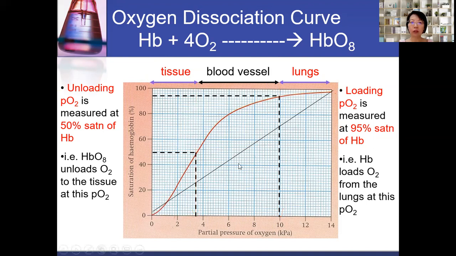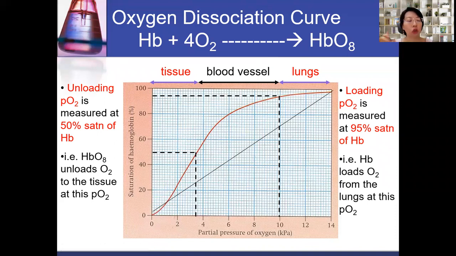Now, do you see this straight line that I've drawn on the same graph? This straight line is for you to compare when the oxygen dissociation curve is S-shaped versus when it is a straight line. It is very different. Now, how different is different?